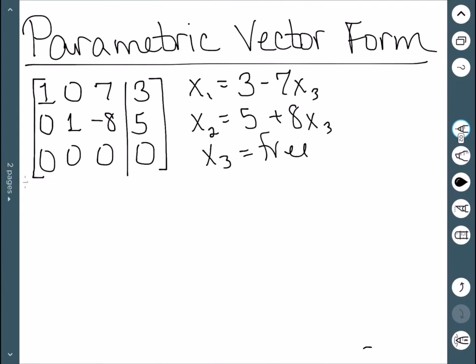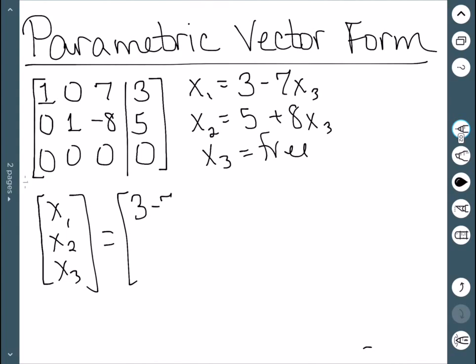Well, the idea is I'm going to write this as a vector, where I have x1, x2, x3. I know what x1 is, kind of. It is 3 minus 7x3. x2 is 5 plus 8x3, and then x3 is just x3.